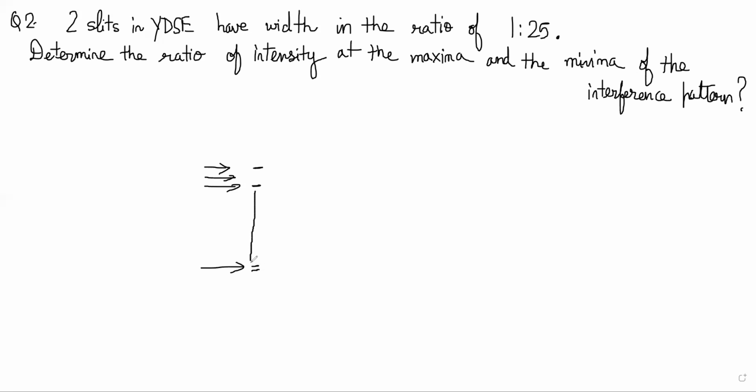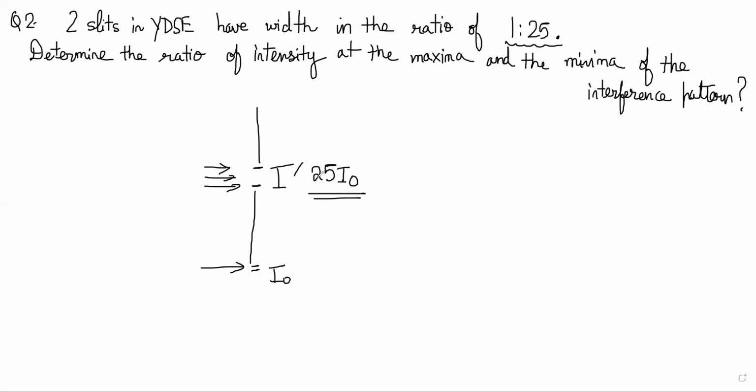So if you have a different width of slits, then it is not I naught and I naught. It is I naught and I dash. So if I have two slits with the ratio of 1 is to 25, then I naught and 25 I naught. This is the starting point.